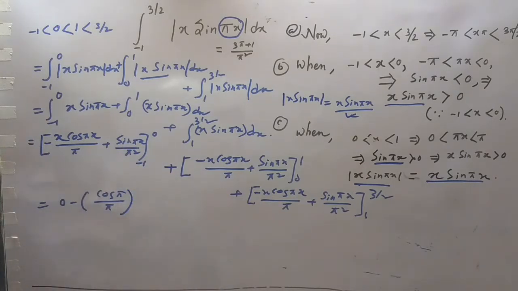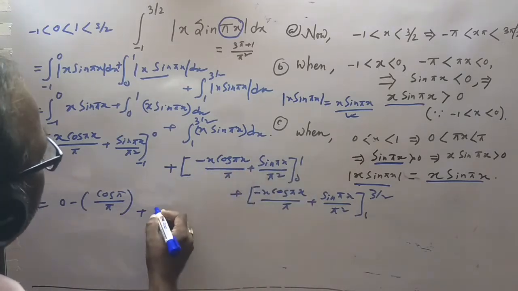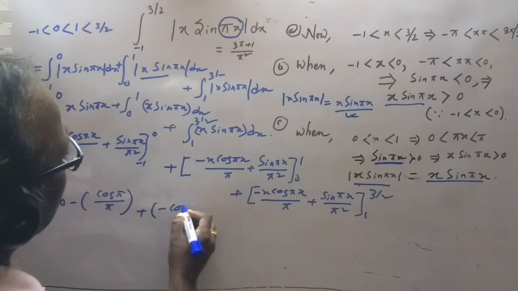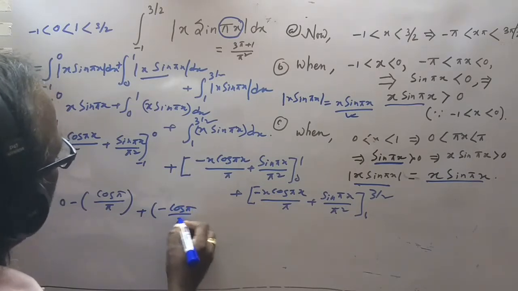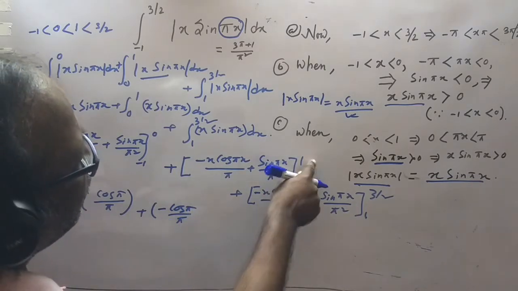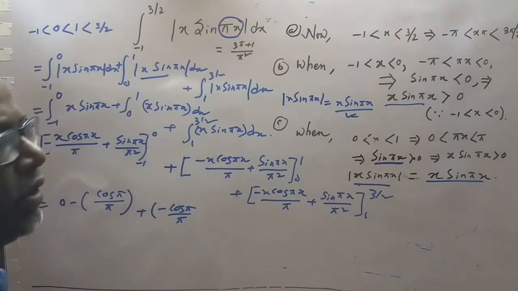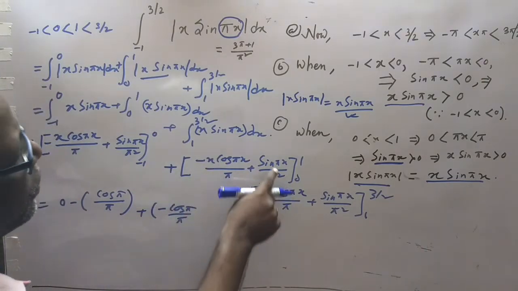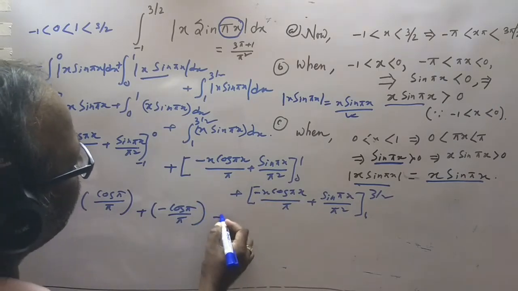Now if you take 1, that is minus 1, so cos π/π. If we put 1, then sin π is 0. If we put 0, we get 0. Clear?